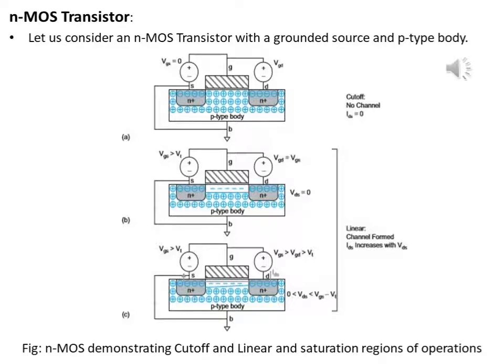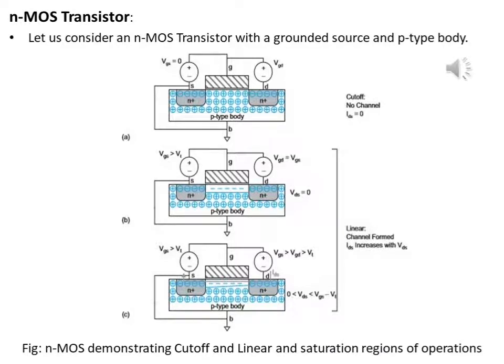That channel connects the source and the drain, creating a conductive path and turning the transistor to the on state, when you apply a voltage greater than the threshold voltage. So the number of carriers and conductivity increases with the gate voltage.